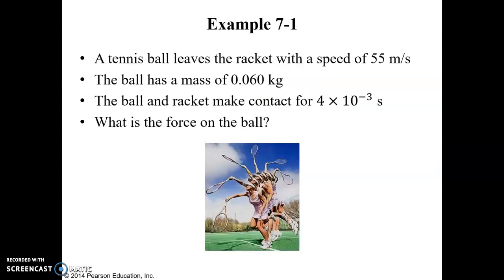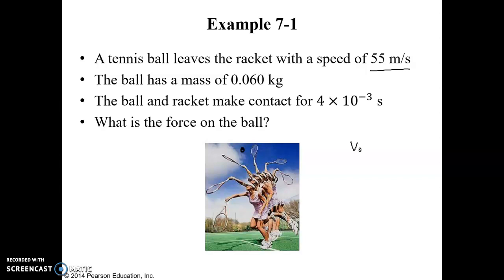Let's look at an example problem here where we have a tennis ball being served. It's leaving the racket with an initial speed of 55 meters per second. So we're going to assume that this girl has tossed the ball up into the air, and right as the ball is at its peak of trajectory, right where its velocity is 0, that's when she hits it.